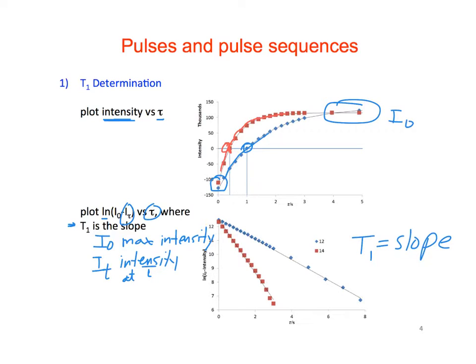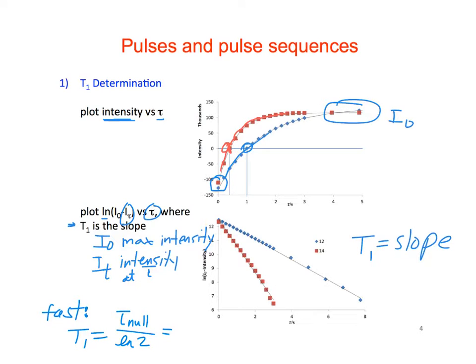Okay. So I think this is the way you'd measure this accurately, but there's a fast way to do this too. It's kind of a dirty way to do it, but it's much faster and easier. What you actually do is you just say that the T1 value equals the tau at the null point, so that's where the signal goes through 0, divided by the natural log of 2.